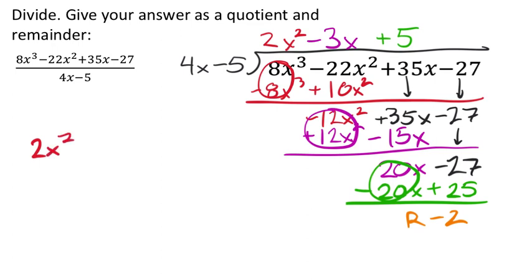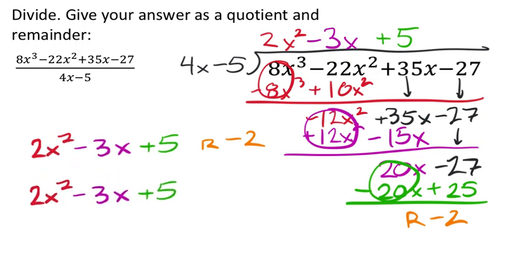Okay, so again, let's go and write this out as a full quotient. 2x squared minus 3x plus 5 with a remainder of negative 2. Now, again, it just may ask for it in different ways with the quotient and remainder like we saw right there. Whatever it does, though, we definitely need to be able to write it both ways.